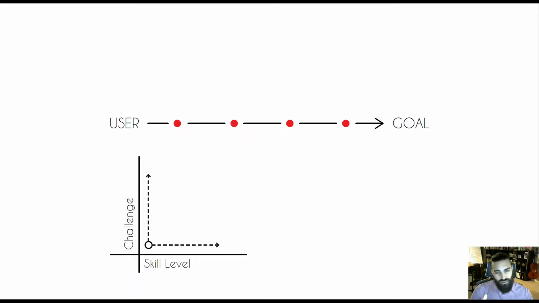But if the skill level is way higher than the challenge being presented, that person is going to feel bored and disappointed.